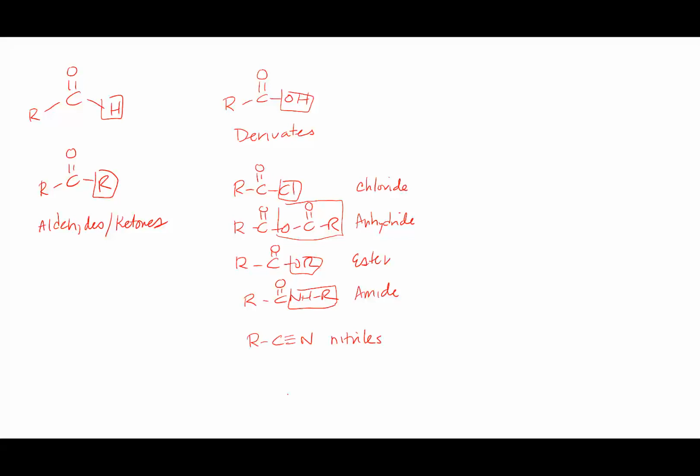And the reason that we're going to break these up into these two sets of columns is I'm going to generalize the structure of carbonyls to look like this. There's a Y group attached. And the question is, can that Y group leave?